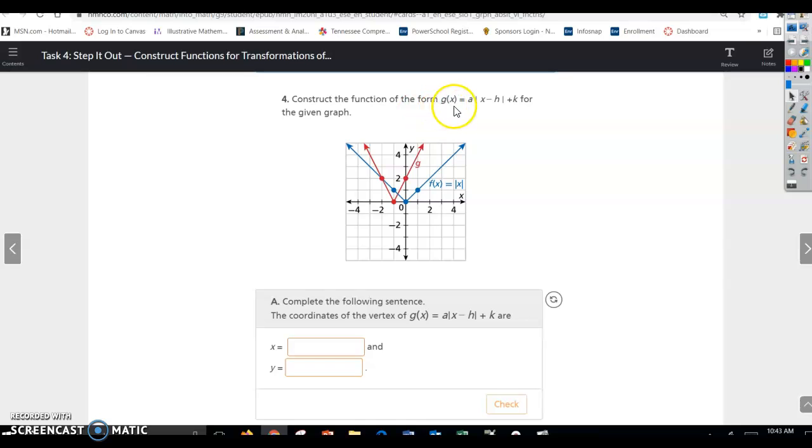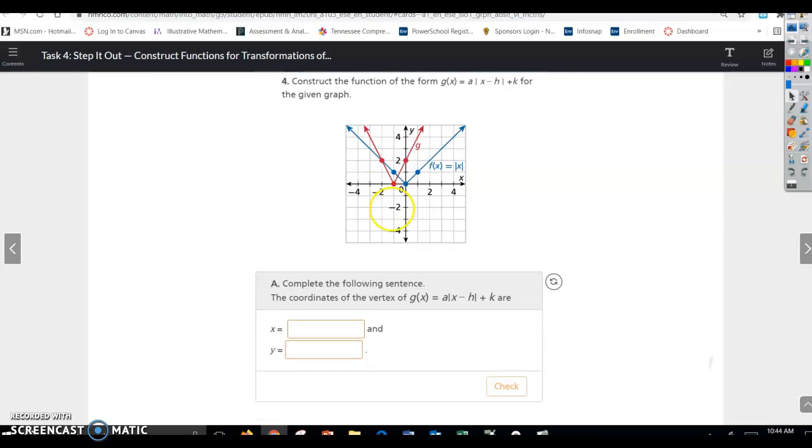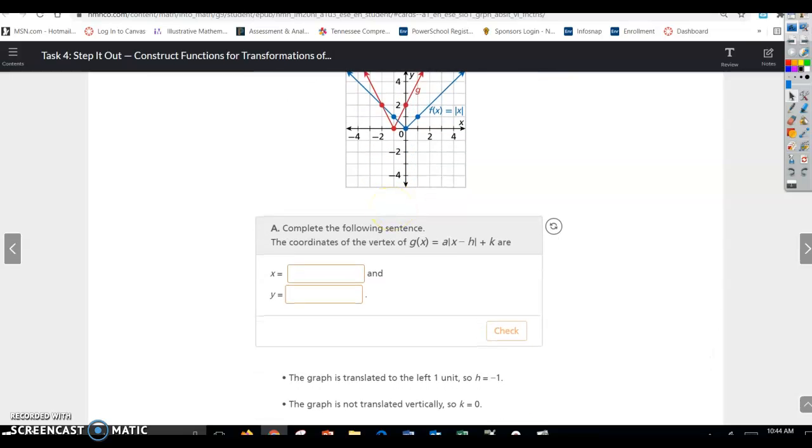All right, construct the function of the form g of x equals a times the absolute value of x minus h plus k for the given graph. So we're trying to write a function, so we're trying to figure out what a, h, and k are. We can see that the vertex has moved left, but it has not moved up or down at all. So part A says complete the following sentence.